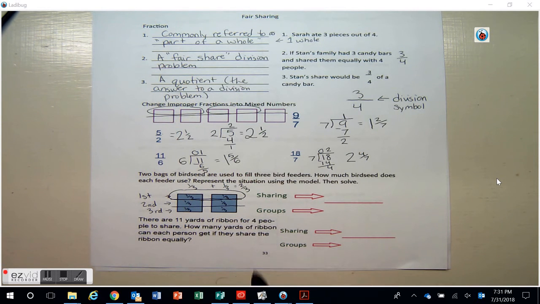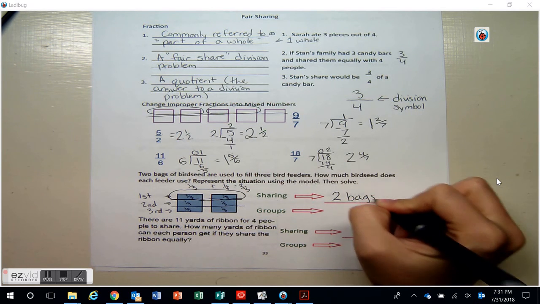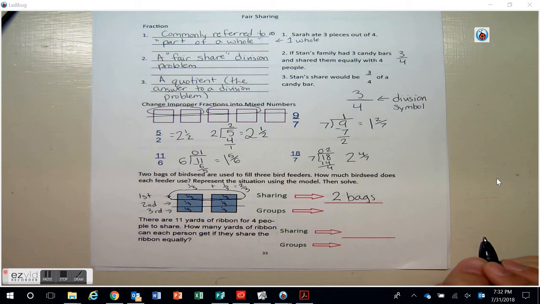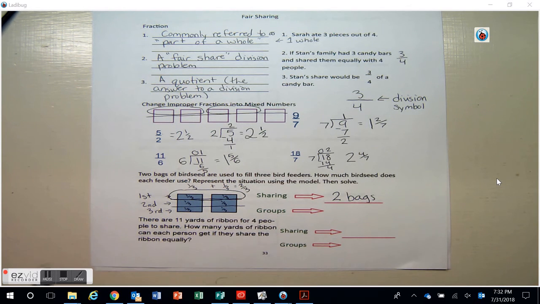I can't make any groups of 7 from 1. I can make 2 groups of 7 from 18. And I'm still going to try to divide that 4 by 7.